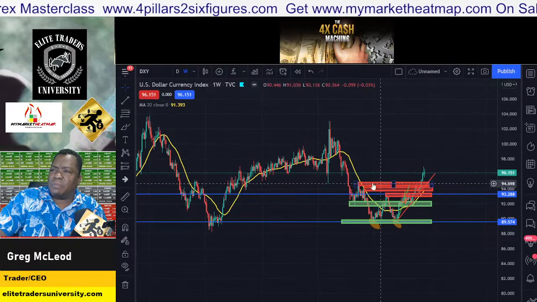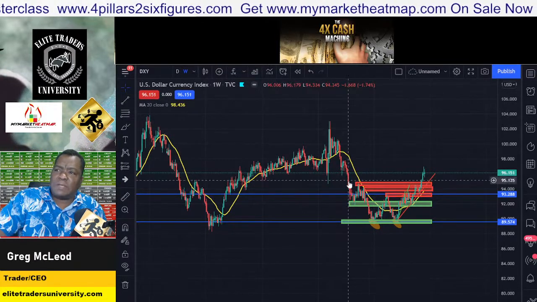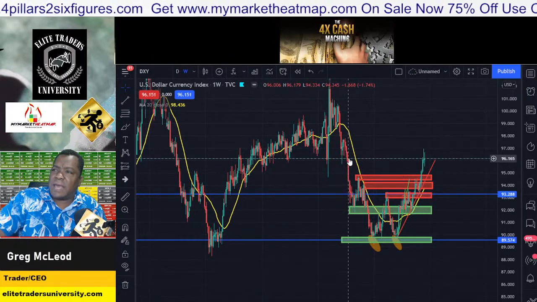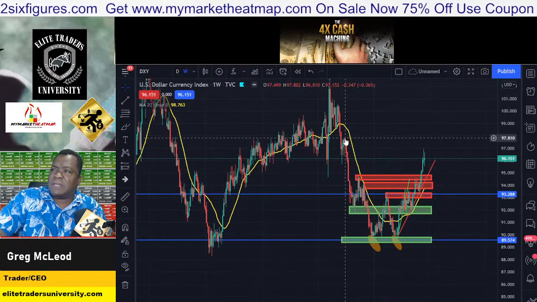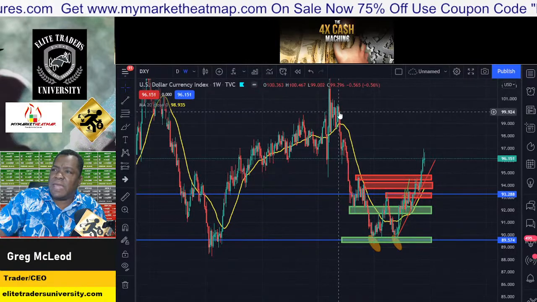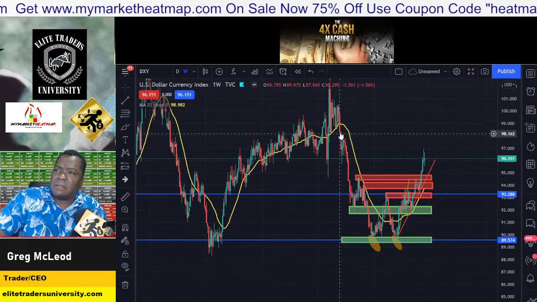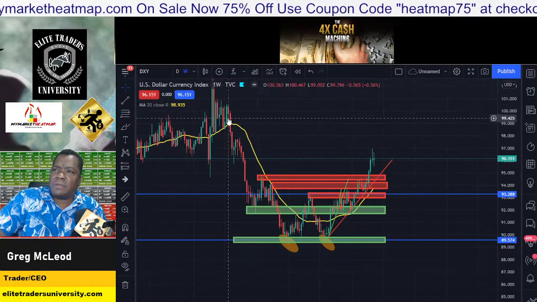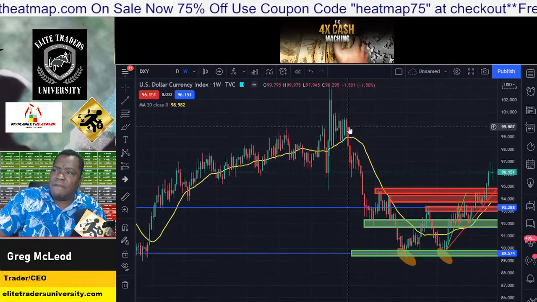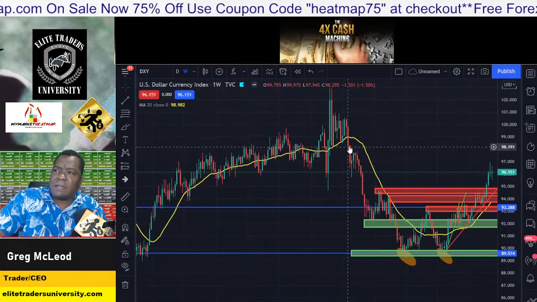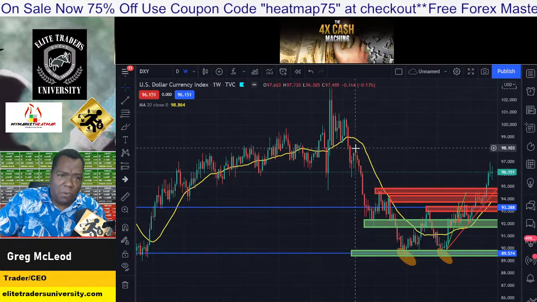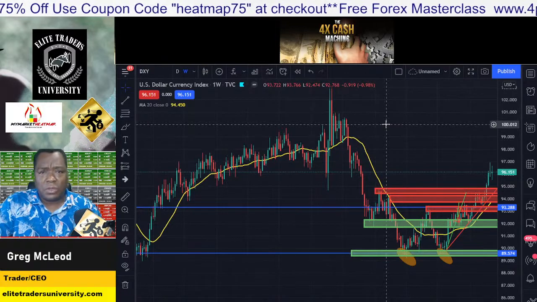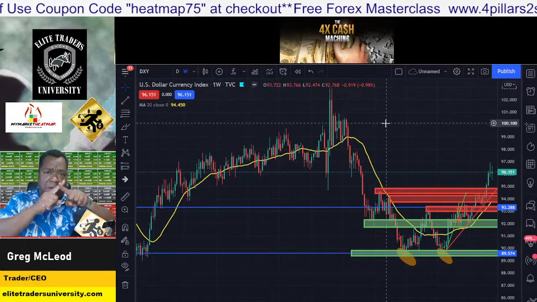We moved through some supply zones, and there's open space. These big wide candles here, that is open space where we can fill that gap, so we can get to maybe 97.81. There's gapping candles, big long candles these are, and he said, well, Greg, there's a candle there. Yeah, but see how usually these long vertical candles are really gaps in the Forex market. Forex is an indicative market, not like futures where there's a buyer and a seller and a price.